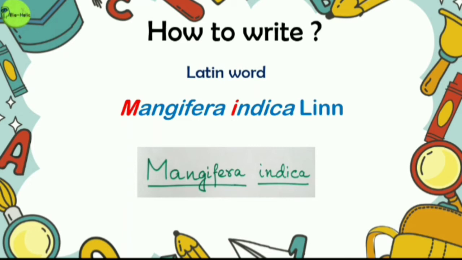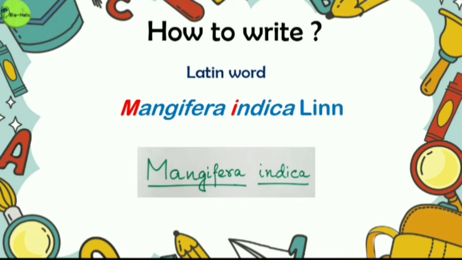Now one thing I have already told you, that the binomial nomenclature consists of two terms. One is the generic name and the other is the specific epithet, and this is the reason why it is called binomial nomenclature. The first letter of the generic name should be in capital letter, but the first letter of the specific epithet should be in small letter.